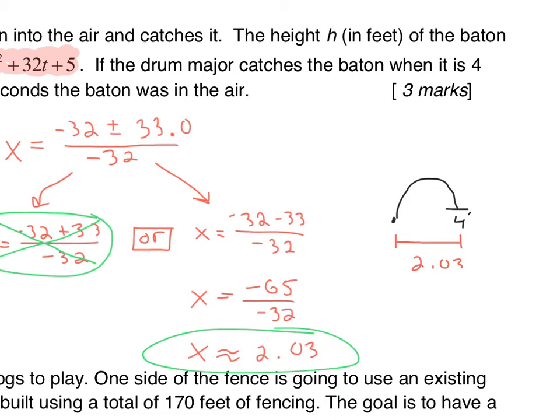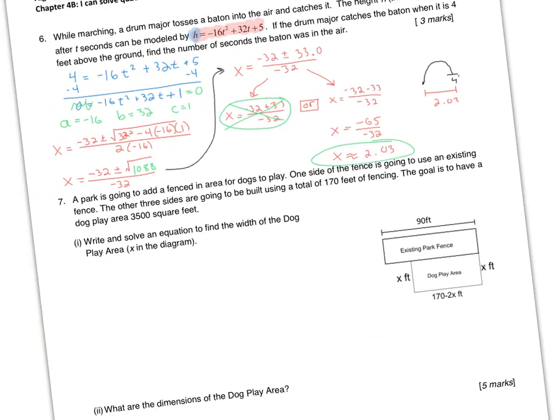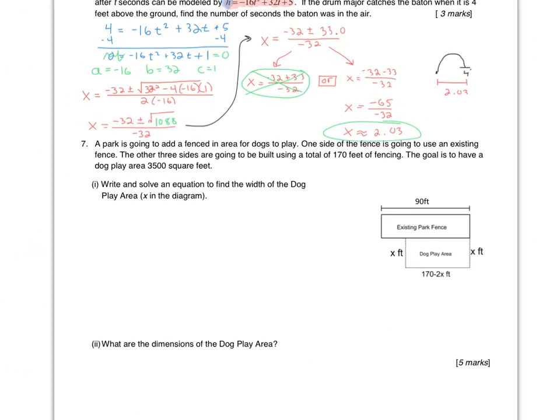One problem left on this review. The next one has a nice diagram that's got a good setup for us, and we're going to attack this problem. But I want to make sure we understand first, so let's go ahead and read it. Park is going to add a fenced area for dogs to play.